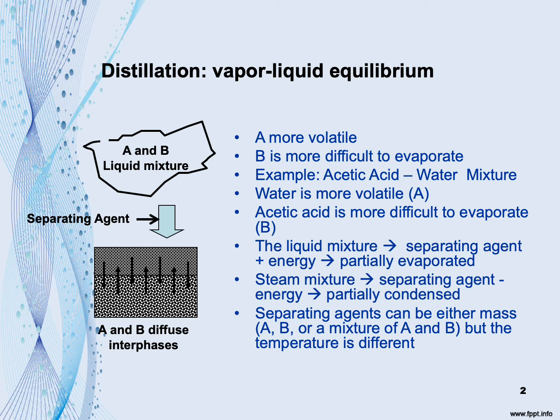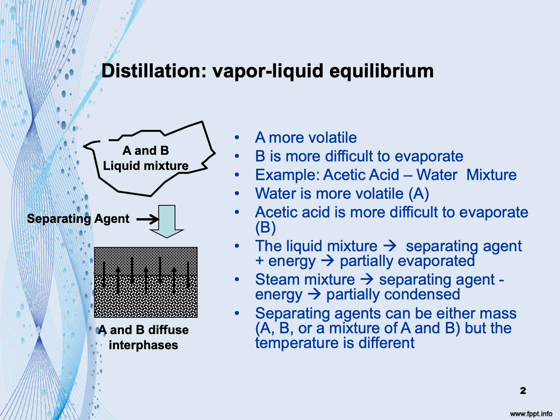Let's say we have a liquid mixture A and B. A is more volatile, while B is more difficult to evaporate. Let's say an acetic acid and water mixture, where water, A, is more volatile and acetic acid is more difficult to evaporate. So how do we separate A and B? We have to add a separating agent.